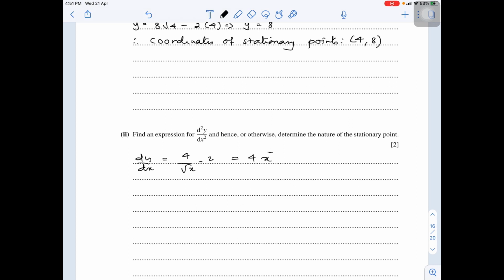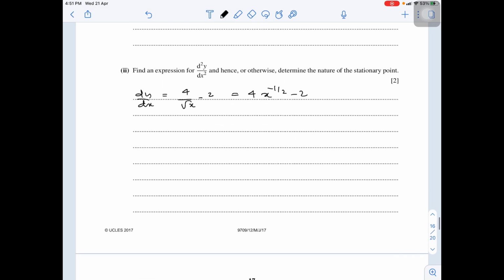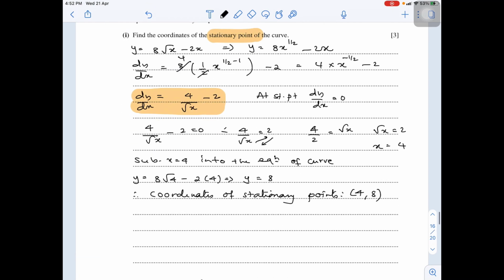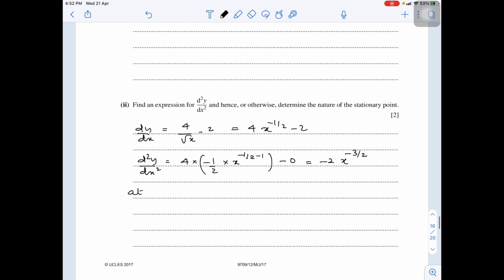Let me write it in the simpler form: 4x to the power negative half minus 2. So d squared y over dx squared becomes 4 times negative half times x to the power negative half minus 1, and the 2 becomes 0. So that is negative 2x to the power negative 3 over 2.